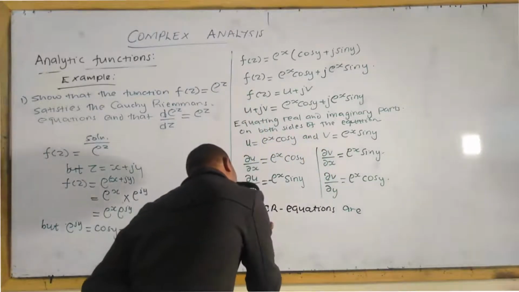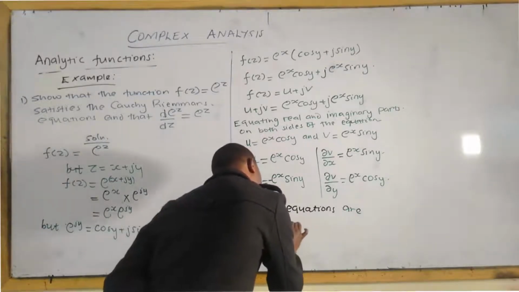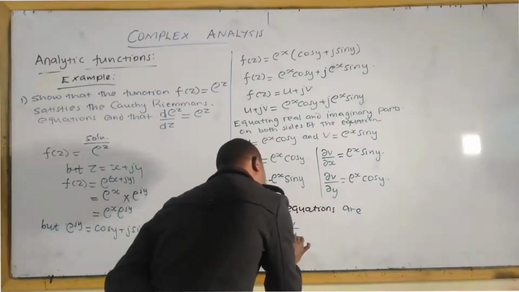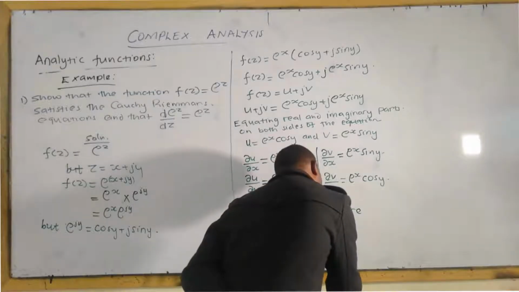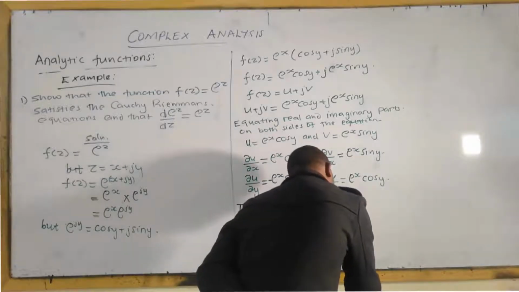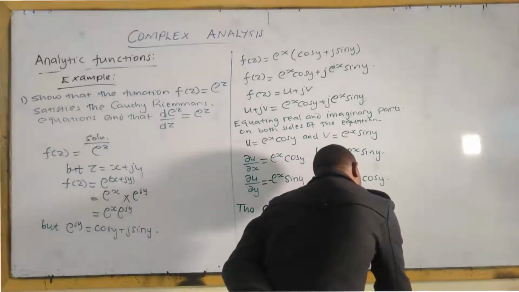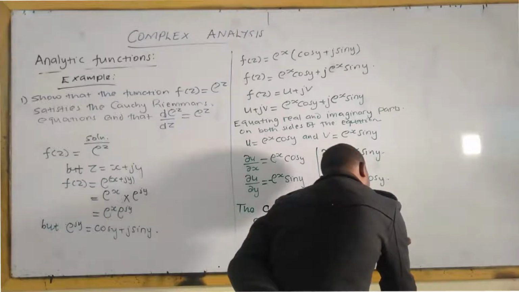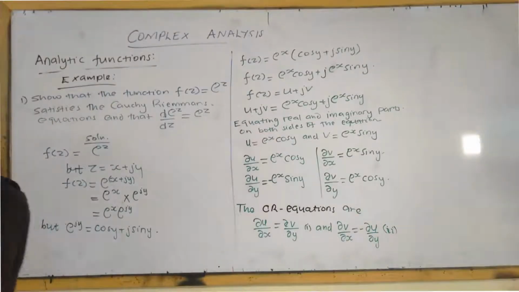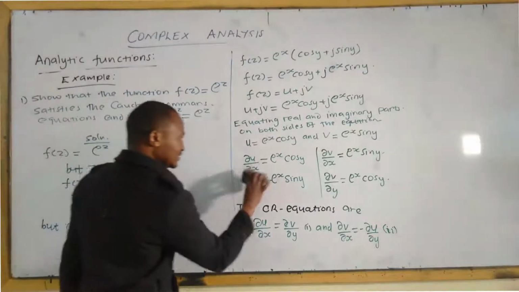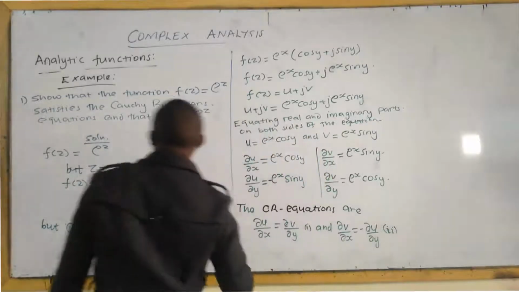R1, partial derivative of u with respect to x is equal to partial derivative of v with respect to y. This is the first one. And partial derivative of v with respect to x is equal to negative partial derivative of u with respect to y. This is the second one. Let us see whether it is the case. Whatever you have here is satisfying the Cauchy-Riemann equations.